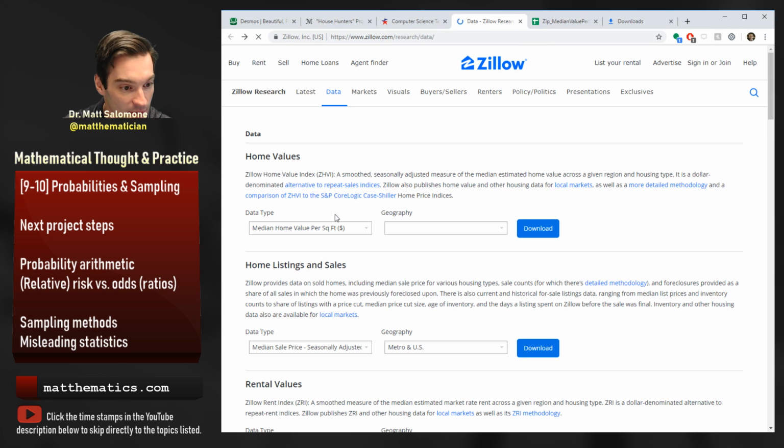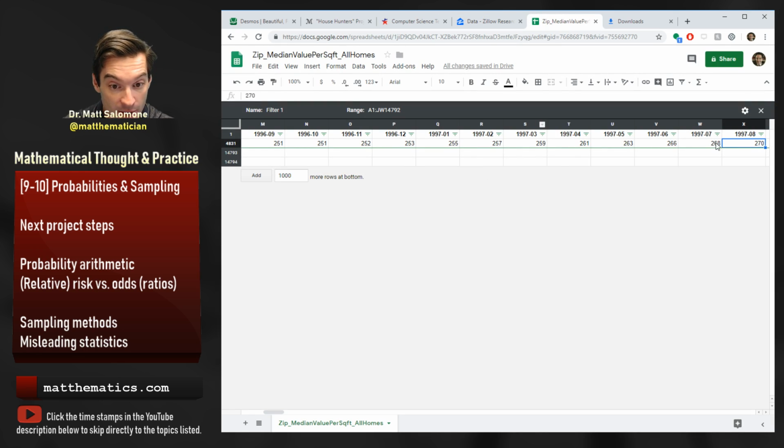Get back to my Zillow site. So this is telling me the median home value per square foot. To understand these numbers, I'm going to scroll over to the right and look just at our current year, the current quarter in the current year. So this is the third quarter of 2019, or I guess, no, these are months. So this is March of 2019.